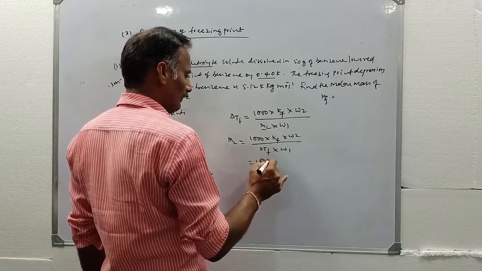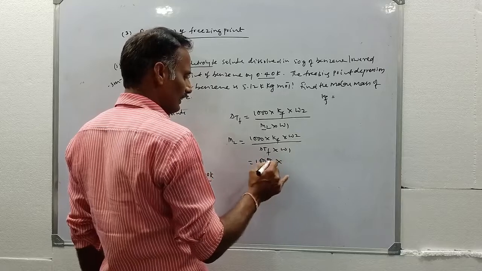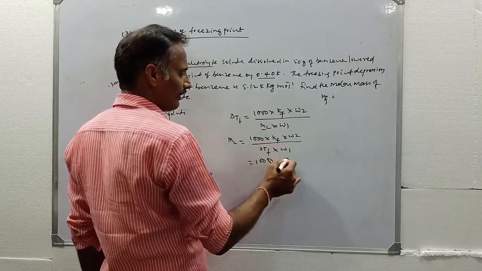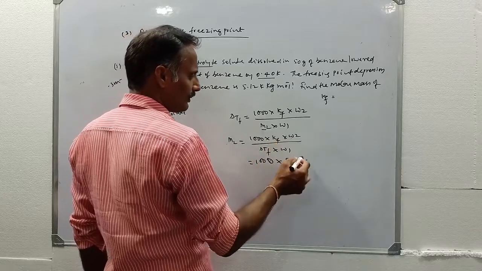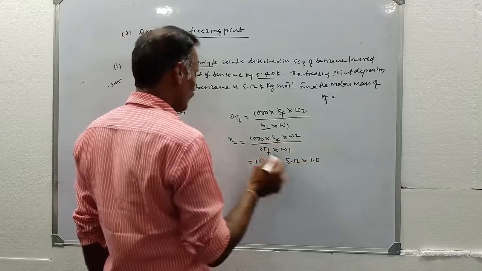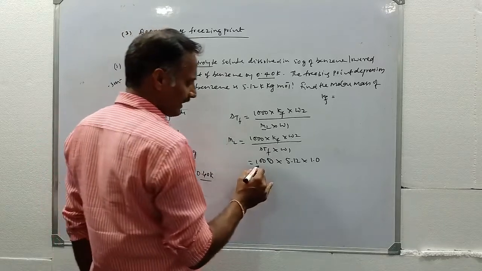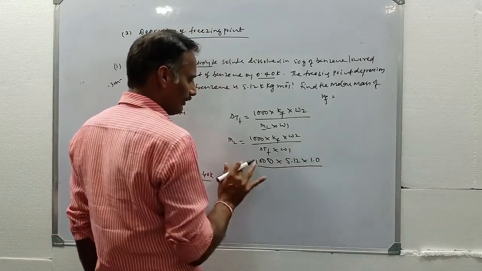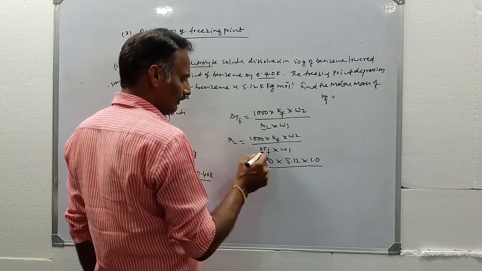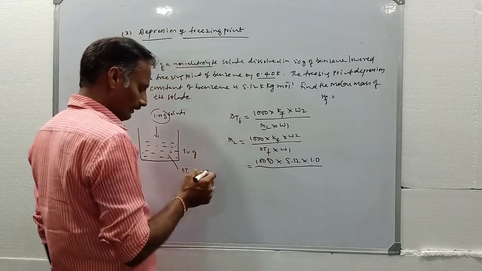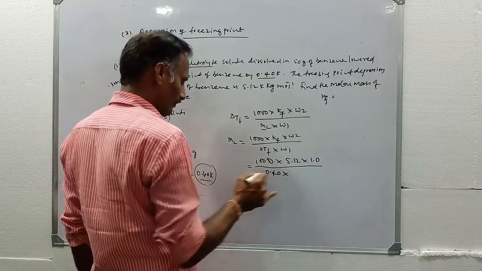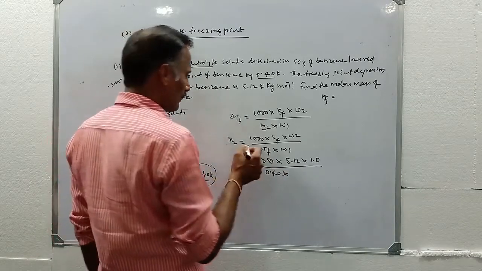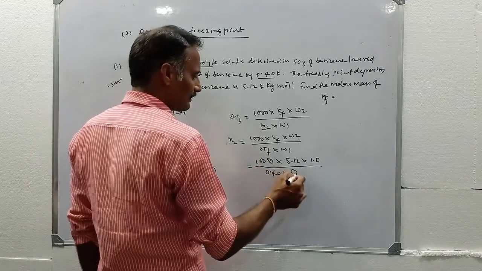So 1000 into Kf value, how much? 5.12, and W2, how much solute is taken? 1.0 gram of solute is added, divided by delta Tf, that is 0.40, into the mass of benzene taken, which is 50 grams.